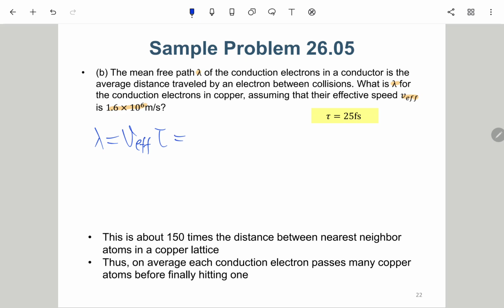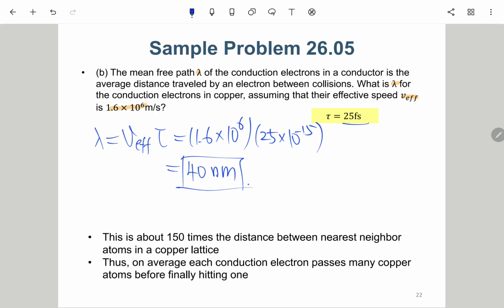So this is 1.6 times 10 to the 6th, and tau is 25 times 10 to the negative 15. This is nothing but 40 nanometers. Which means that every time the electron travels 40 nanometers on average, it will collide with something, maybe another electron or maybe the nucleus.